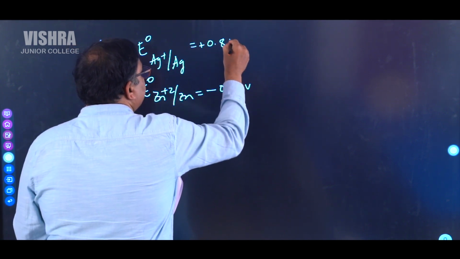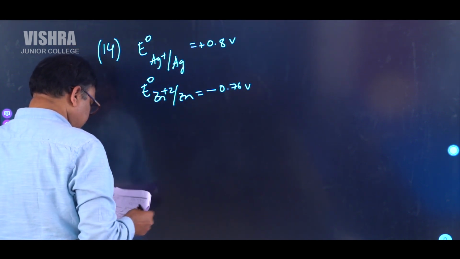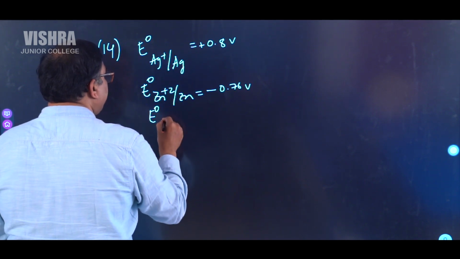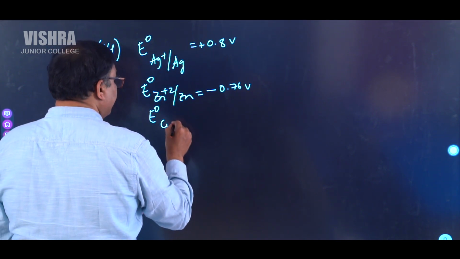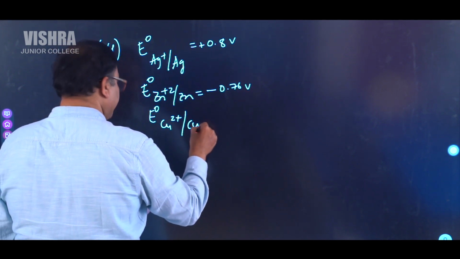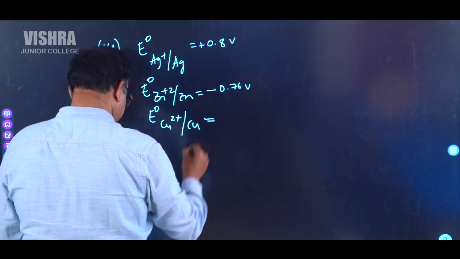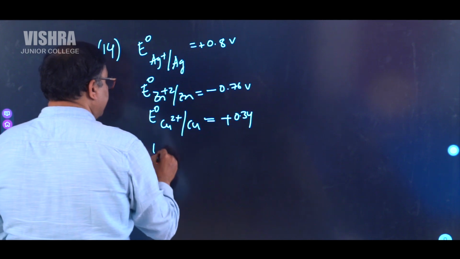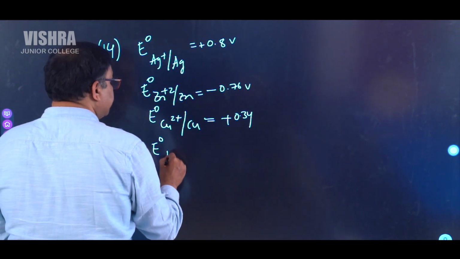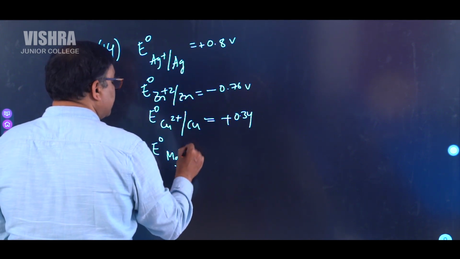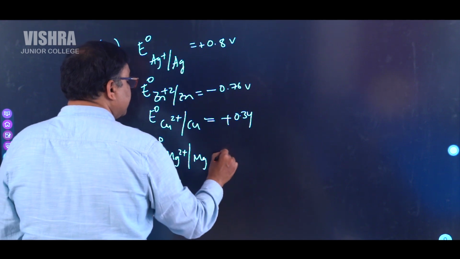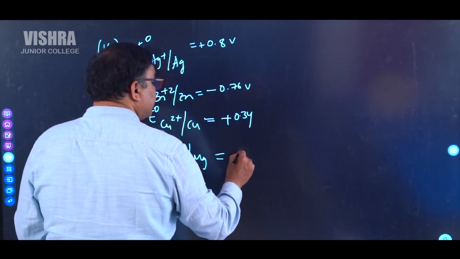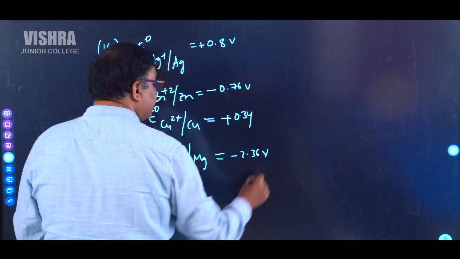This one is plus volt. E0 of copper is given as plus 0.34, and E0 of magnesium, which is a more powerful reducing agent than zinc, will have minus 2.36 volt.